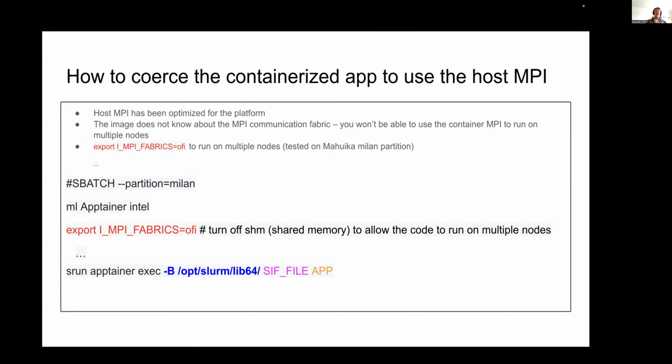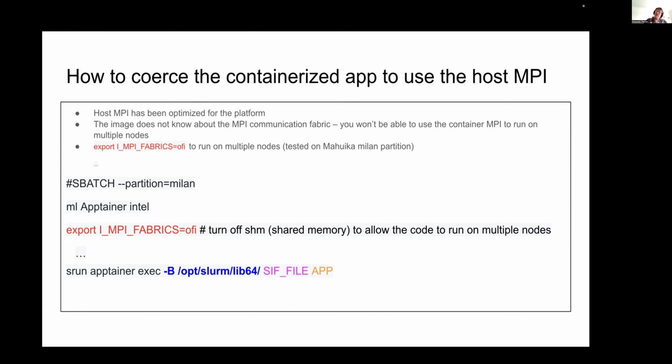First we had to bind or mount /opt/slurm lib64, because that contains some information about how Slurm and MPI work together. We also had to turn off the shmem. I'm not going to go too much into the details, but this particular setting, export I_MPI_FABRICS=ofi, allows us to run on multiple nodes.